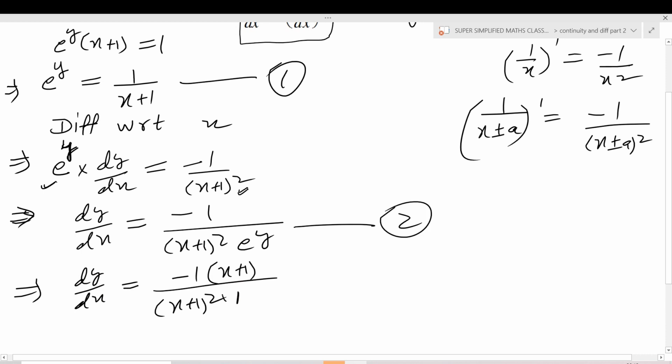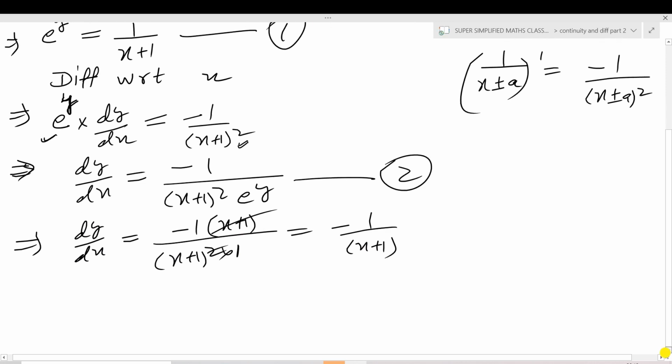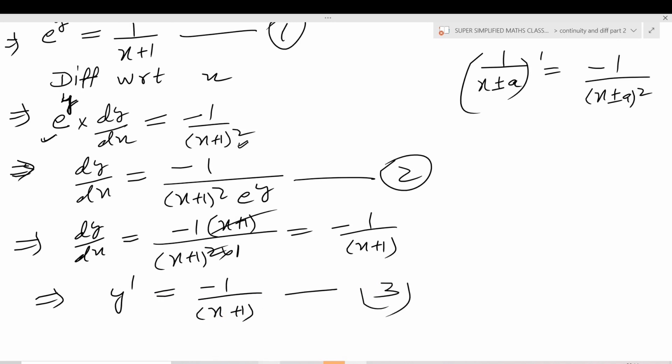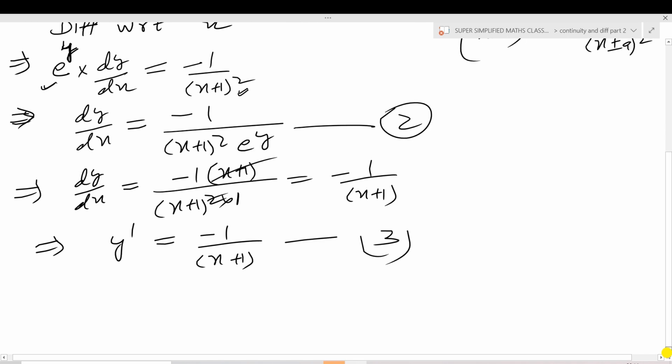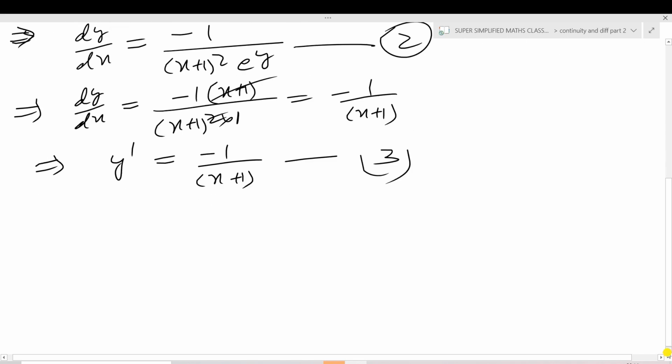So we can cancel one power of x plus 1 here, so we get minus 1 upon x plus 1 as the value of dy by dx. I can rewrite it as y dash is equal to minus 1 upon x plus 1, and we call it equation number 3.